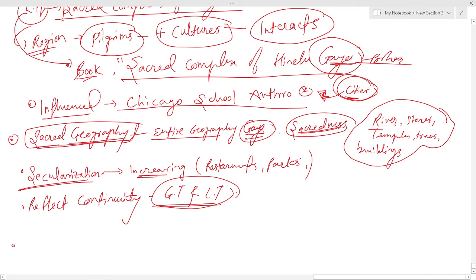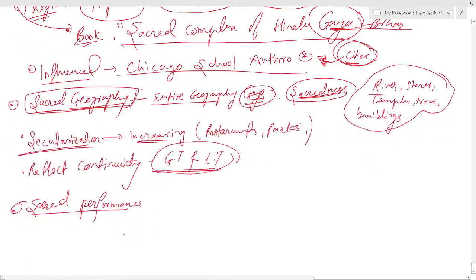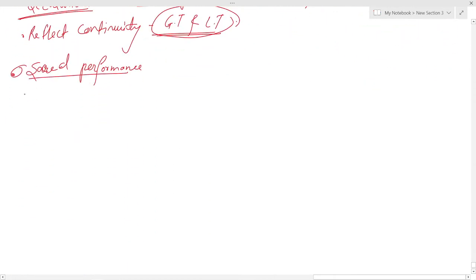Next is sacred performance. In sacred performances, there are certain rites and rituals which one has to do, but these performances cannot be completed without specialists, and hence sacred specialist.